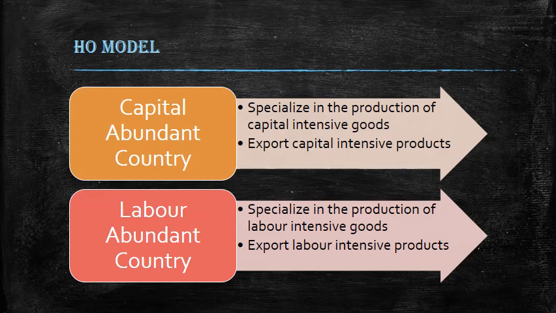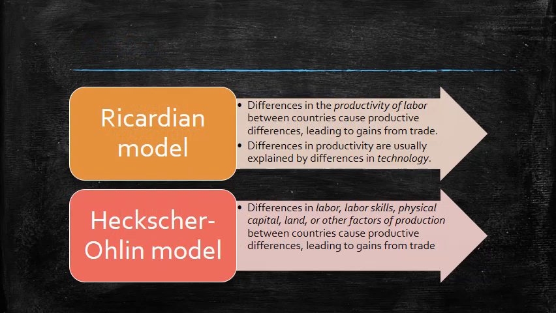So I just explained this to you. Capital abundant countries should specialize in the production of capital intensive goods and export those, and vice versa for a labor abundant country. Ricardian models like the comparative advantage rely on the differences in productivity of labor between countries, and this is said to cause the productive differences which lead to gains from trade.